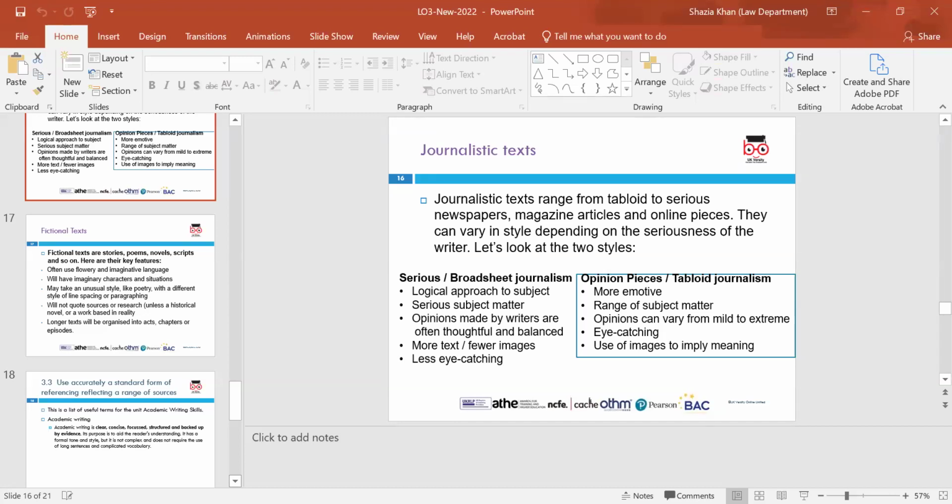The more serious ones are subject-matter based, and they are less eye-catching than the opinionated ones, with fewer images and fewer opinions, whereas in the opinion tabloid there are more opinions, and they could range from mild to extreme, and they're more emotive as well. So these are things like magazines, newspapers, online pieces, and they could vary depending on the style.